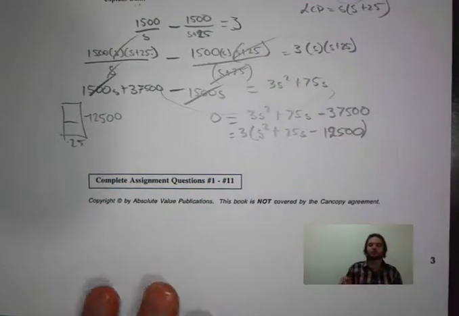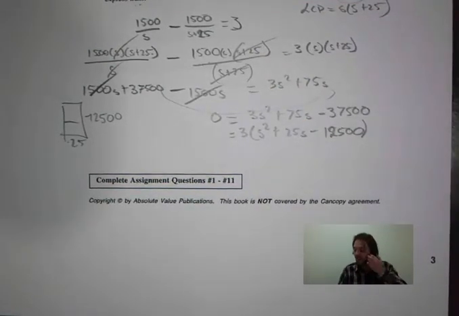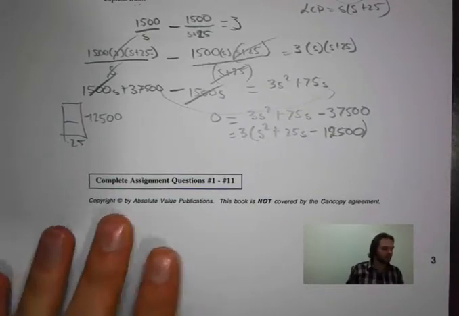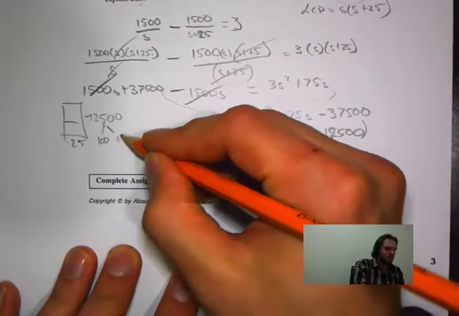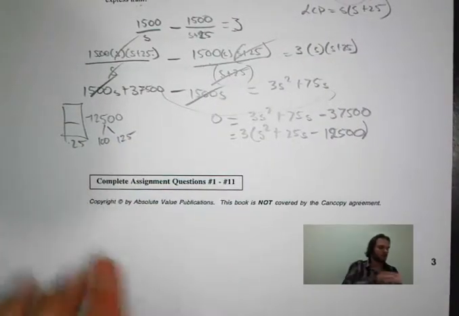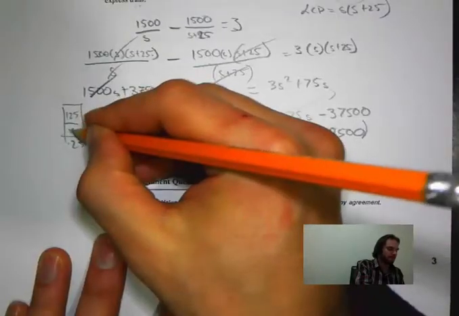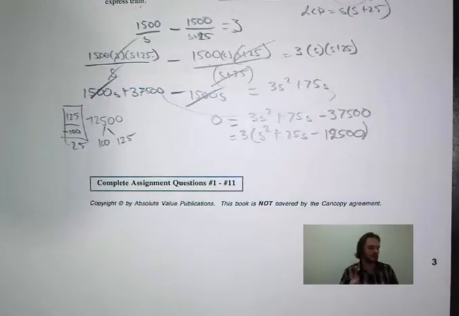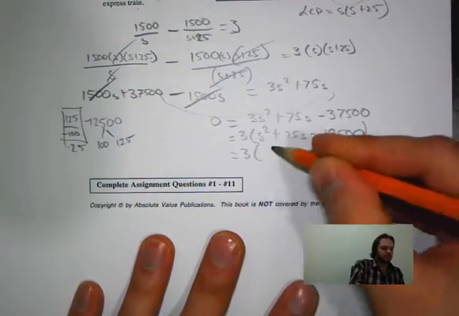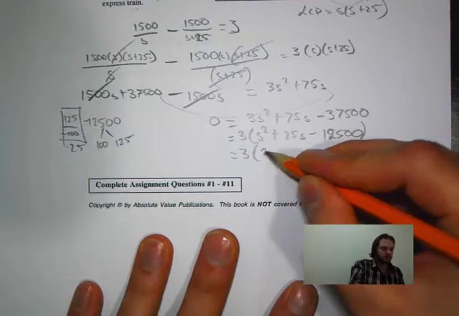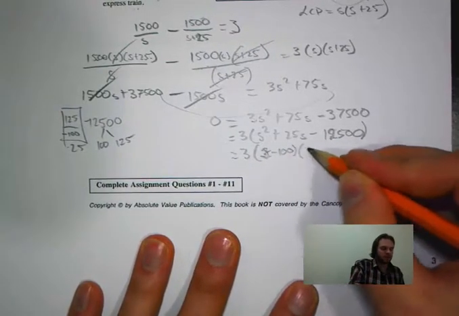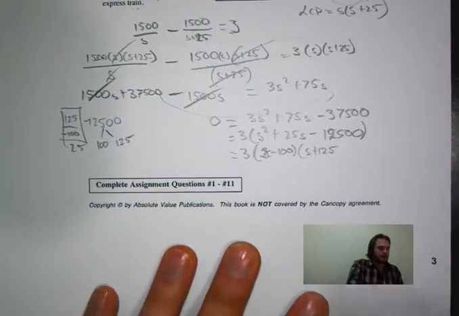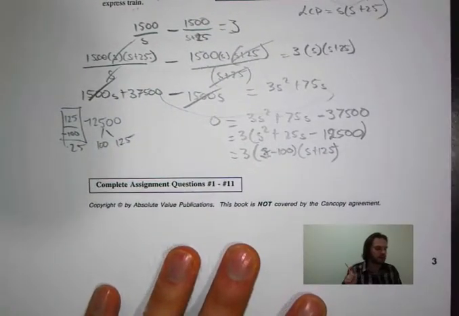If I look at this difference, I think it's easier because we could have 100 and 125. Right there is a difference of 25. If I just factor that out, it's 3 times S minus 100 times S plus 125, and this S was for the bus, right?